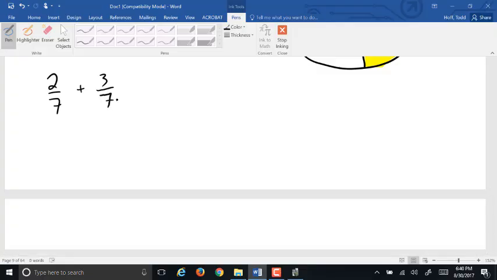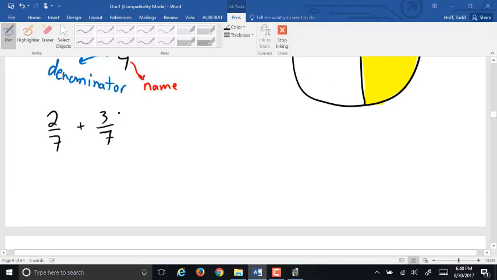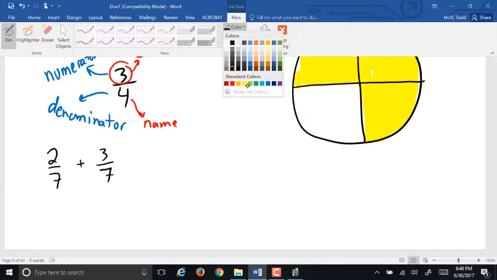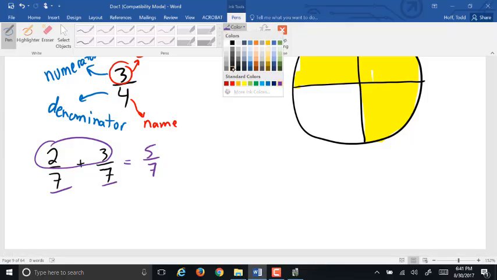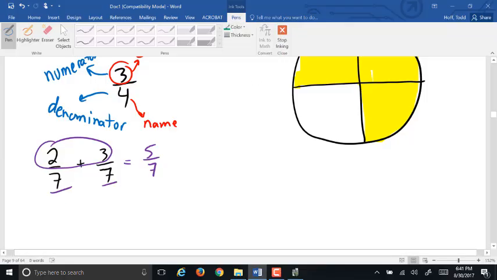You have to have the same label, the same name. That denominator is the name. And when we added whole numbers, we combined the counts. 2 plus 3 is 5, and we kept the same name. So it stays 7. It's the exact same rules we use for whole numbers. Now, just like with whole numbers, if they have different names, like 1/4 plus 3/5, we can't combine them the way they're written. We have to give them the same name. We have to find that common denominator.